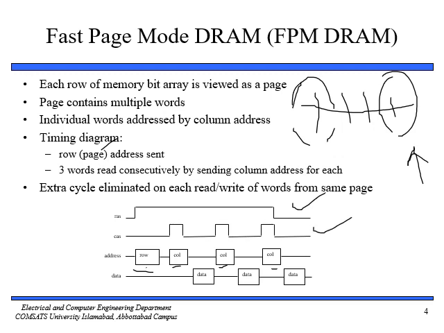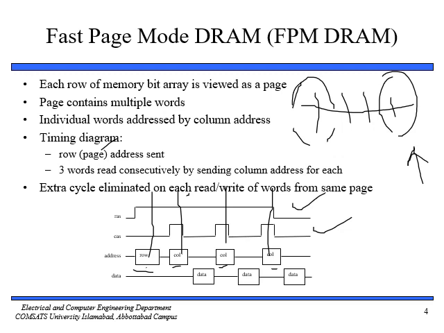Here we read the address of the row, then the address of the column, and again the address of the column, and we read these addresses at the rising edge of the CAS.